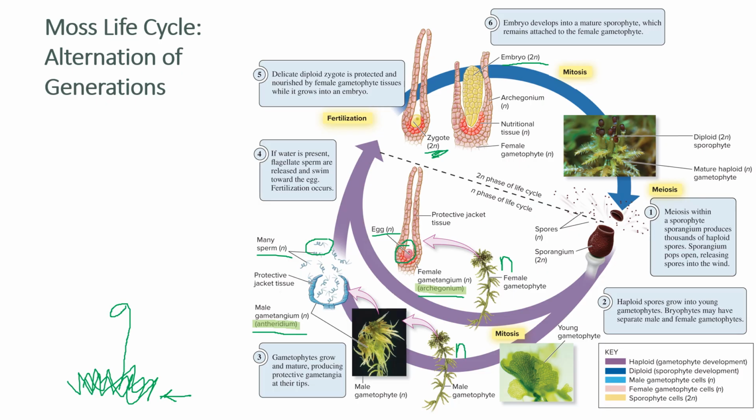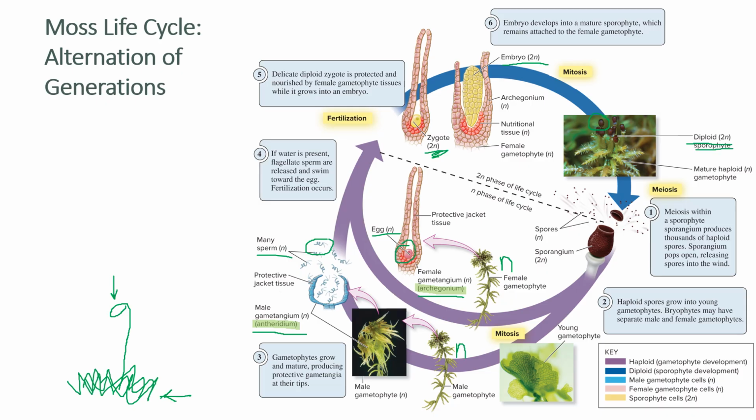That embryo is going to divide by mitosis into the sporophyte. So this is a moss, just like this structure over here. This moss has a little tiny sporophyte on it growing out of the gametophyte. That sporophyte is diploid.